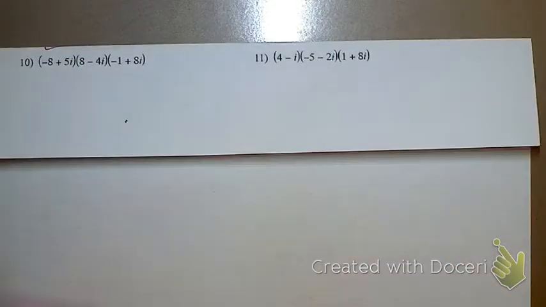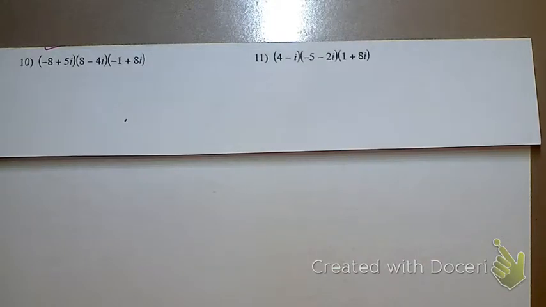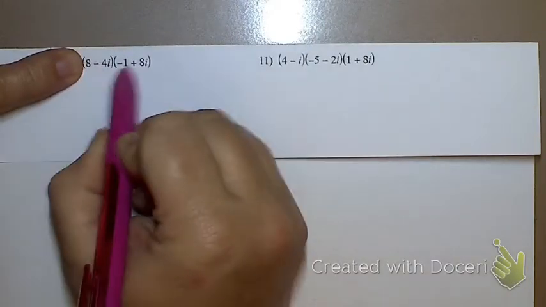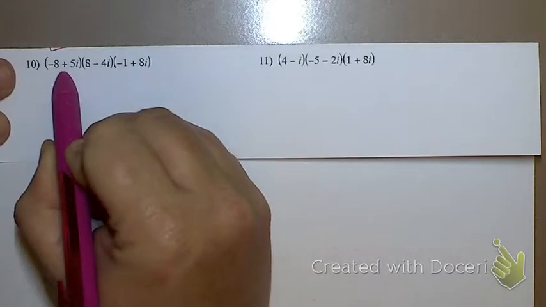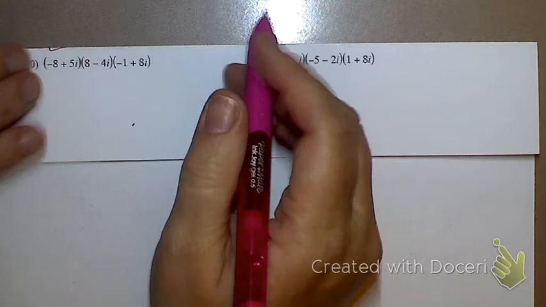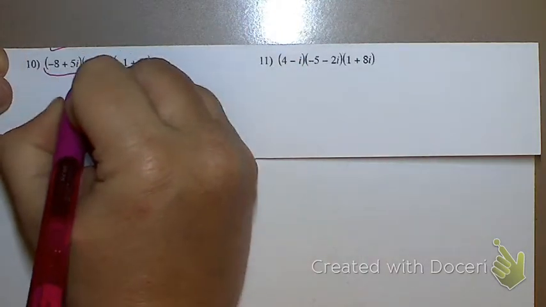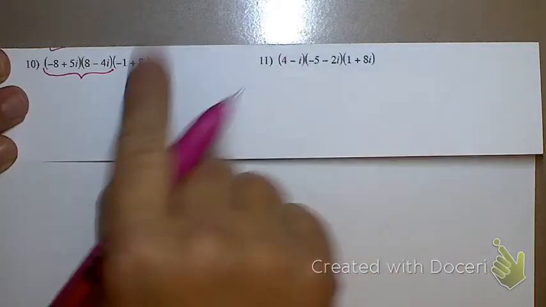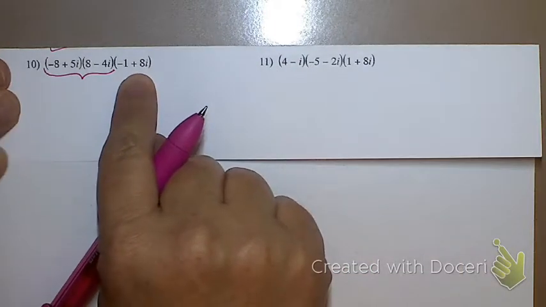Now, this one's a little bit different, because if I were to multiply these first, I don't have just distributive property afterwards. So here's how I'm going to do this one. I am just going to start with 2 parentheses at a time. Once I get my answer, I will take that answer and multiply it by the 3rd parentheses.